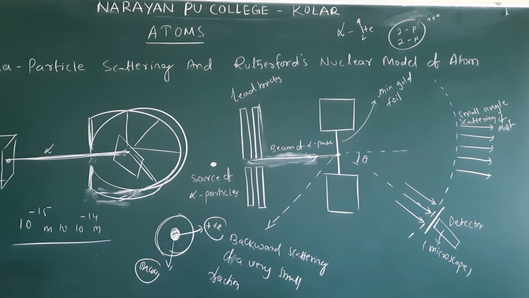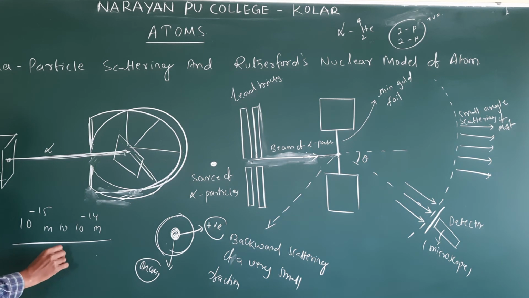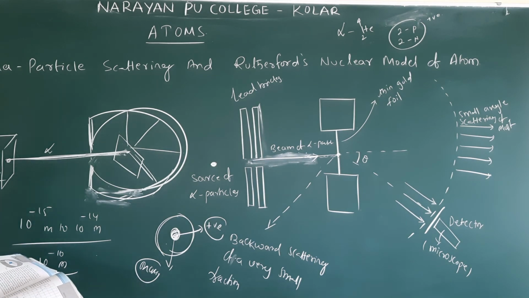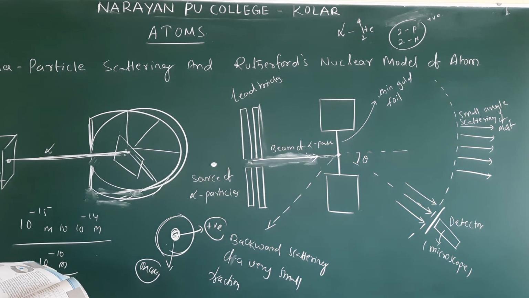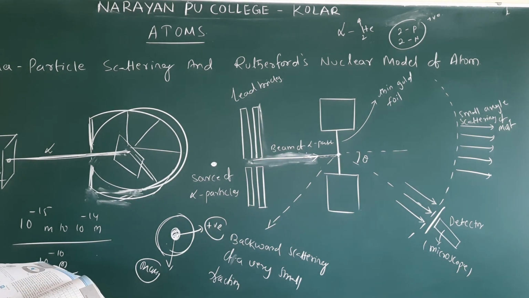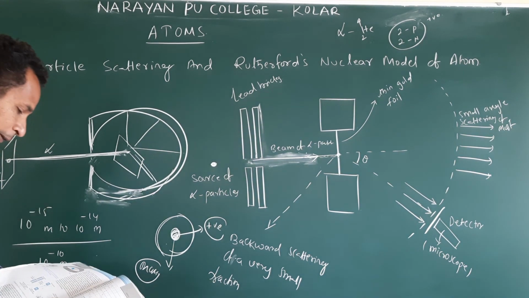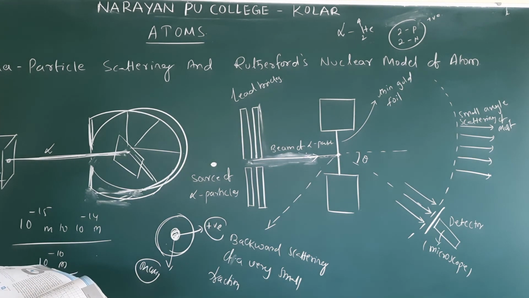And they also gave the size of the atom. The size of the atom he mentioned as 10 power minus 10 meter according to Rutherford. Clear? What is the size of the nucleus? 10 power minus 15 meter to 10 power minus 14. And the size of the atom is given as 10 power minus 10 meter.